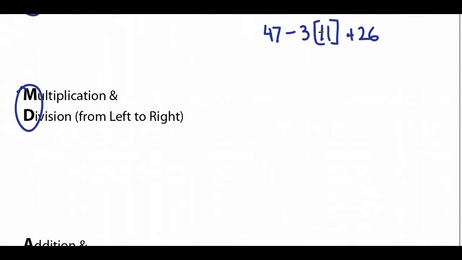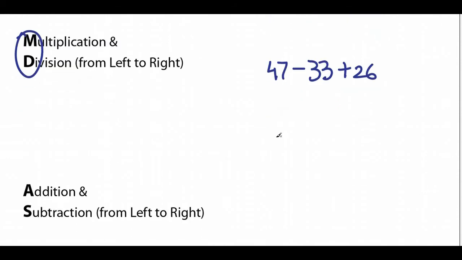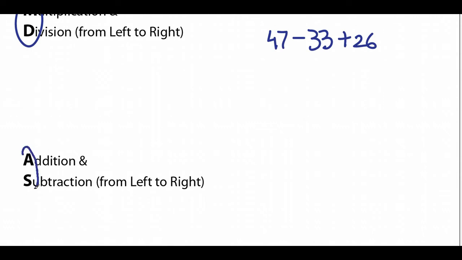And so in this case we have multiplication, which is 3 times 11, which is 33. Drop everything down and drop down the subtraction sign. We have 47.